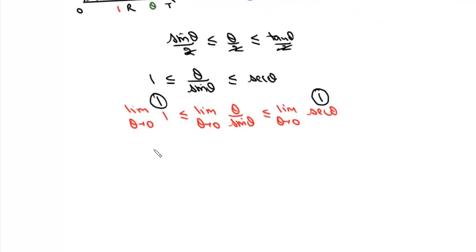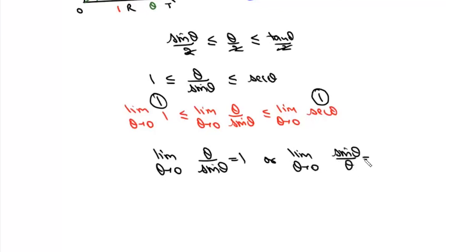Then from the sandwich theorem we can say the limit theta tends to 0 of theta upon sin theta is 1, or we can write the limit theta tends to 0 of sin theta upon theta is 1, if it is 0 upon 0 form.